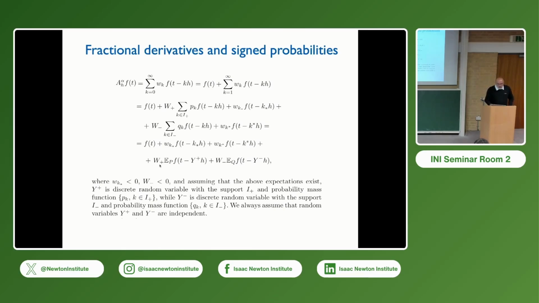And the rest are those expectations of random variables that correspond to positive and negative probabilities. So Y plus is a discrete random variable with support I plus, and probability mass function p_k, and Y minus corresponds to I minus and q's.